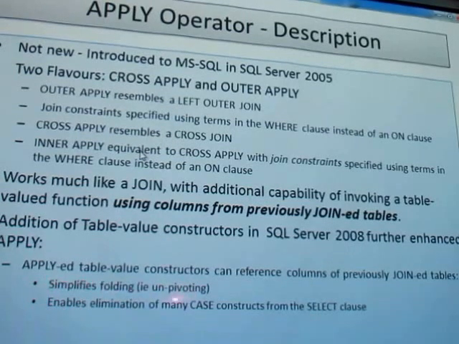In this case, it simplifies the folding and unpivoting of relations, and also can be used to eliminate case constructs. That's important because case constructs, especially if you have many of them on every row, you are potentially running into line cache flushes in your CPU, because in most cases you're writing those case statements where the branch predictor can't guess right, because half of them are going to succeed and half of them are going to fail, or 2/3 of them and 1/3.